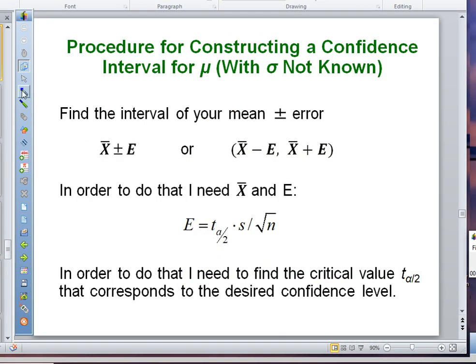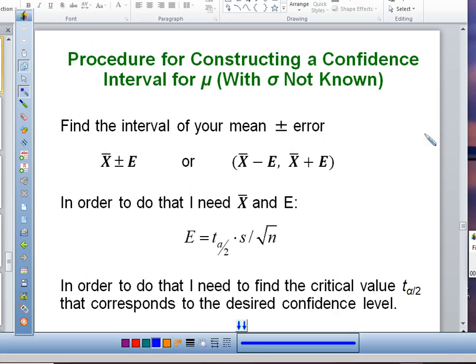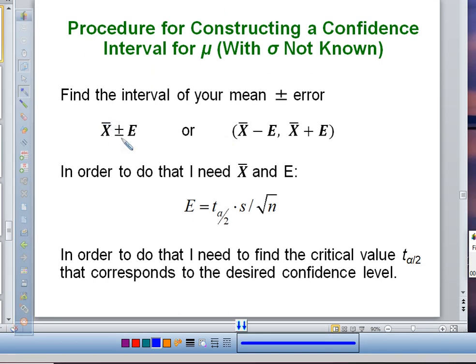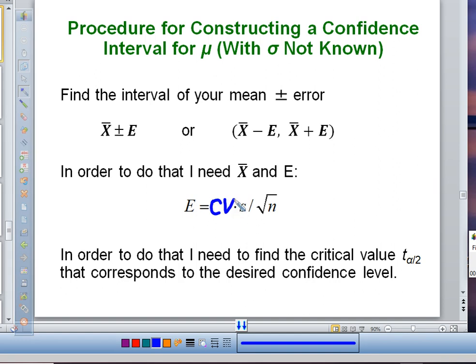All right, so here's the procedure. Same as all the other ones. You take the mean plus or minus your error. So in this case, our mean is x bar plus or minus our error, where our error is our critical value. I'm going to erase this and make this a little more consistent, and call that our critical value. So our critical value times s over square root of n.